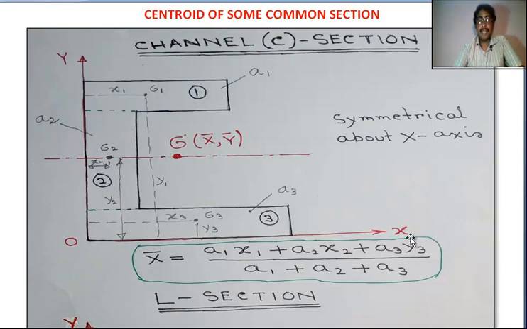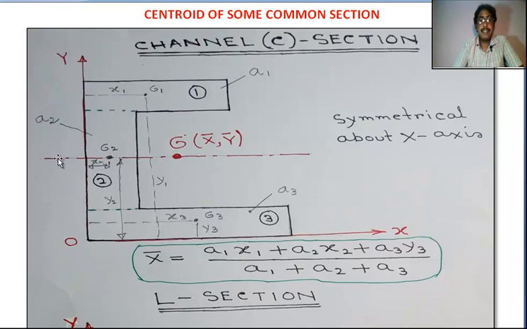Here, if we draw a line parallel to x-axis, it is divided into two parts, this part and this part. This is the mirror image.